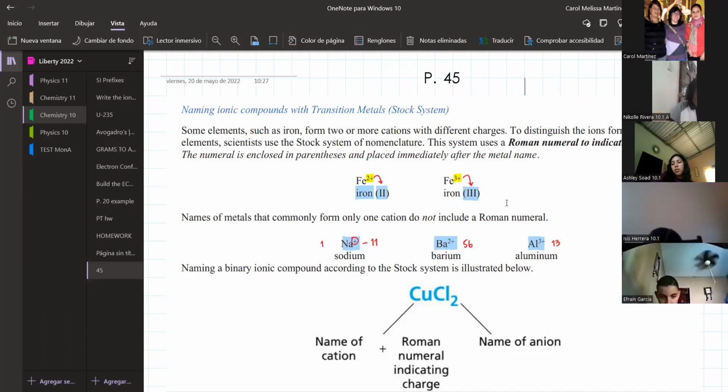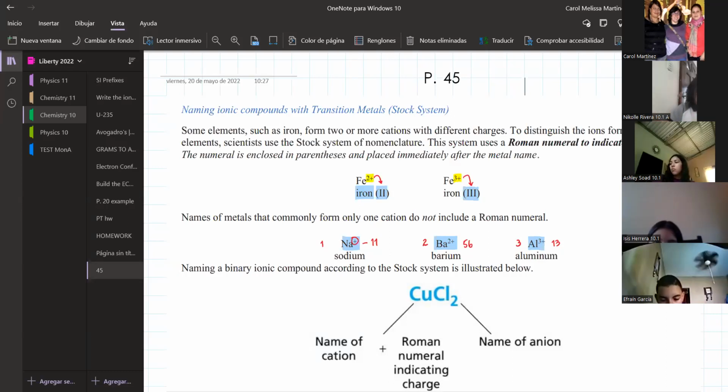For barium it is 2 plus, or just 2. And for aluminum it is 3 plus, or just 3. No other valence electrons, okay? So when this occurs, when metals have only one possible charge, you are not going to indicate the charge in parentheses.